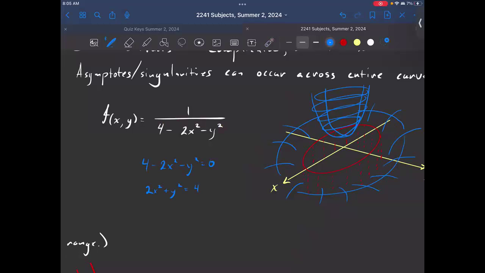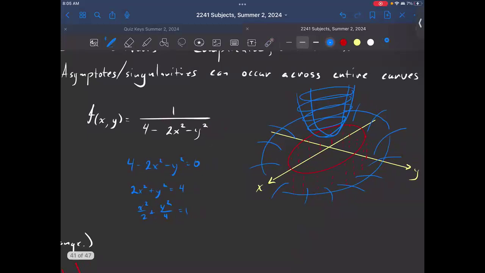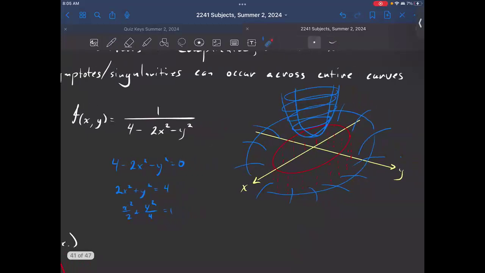Divide by 4 and you get x squared over 2 plus y squared over 4 equals 1. And I actually have this backwards, don't I? That's fine. But you get an ellipse shape here. And this, remember, was where the denominator was equal to 0. So this whole ellipse is a set of asymptotes for the function in blue here.